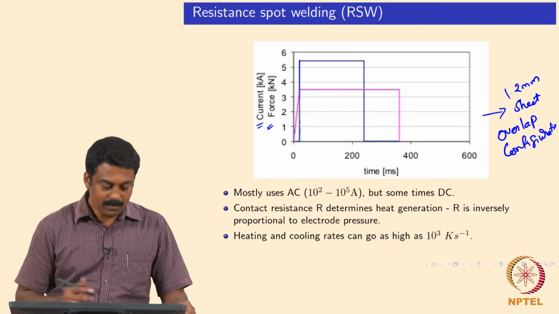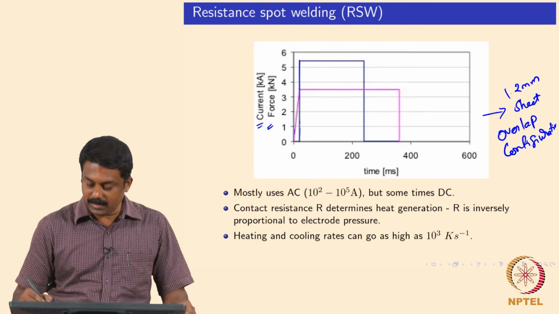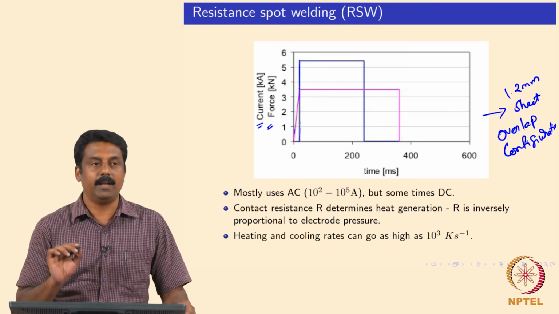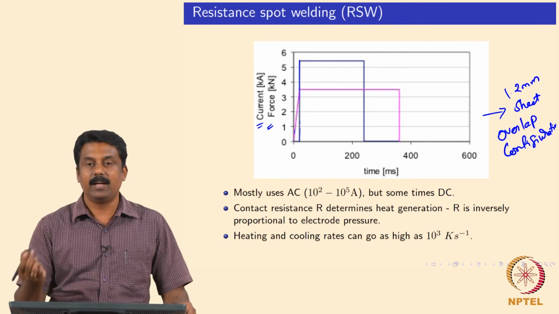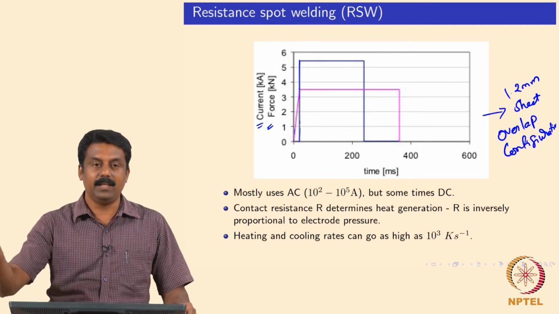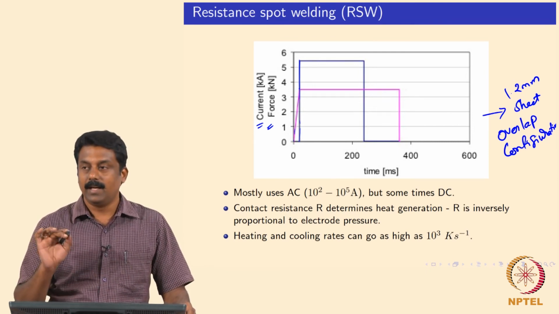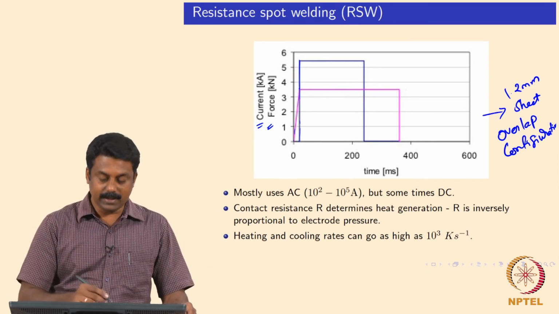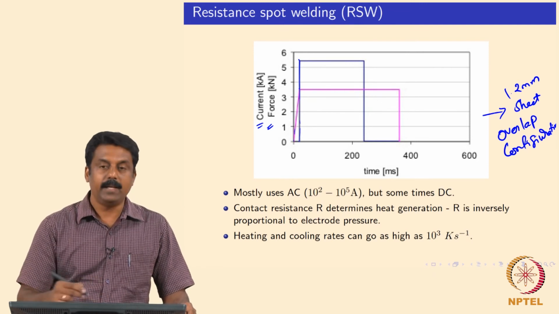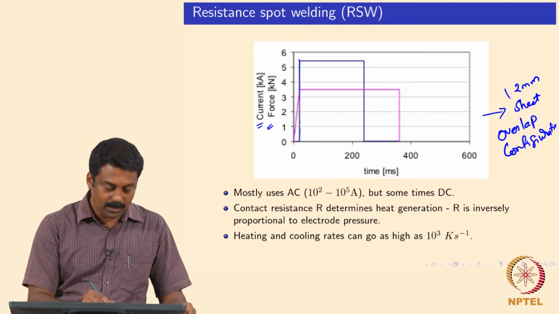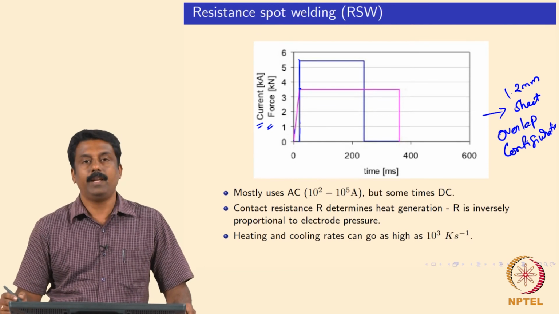In order to get a good weld diameter, which is determined by some factors, we will see in subsequent lectures. Suppose you want to achieve an acceptable weld diameter, in this case we can go up to 5.5 kiloamperes with a load of 3.5 kilonewtons.